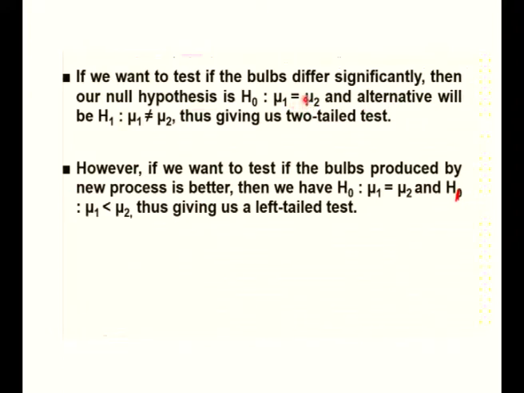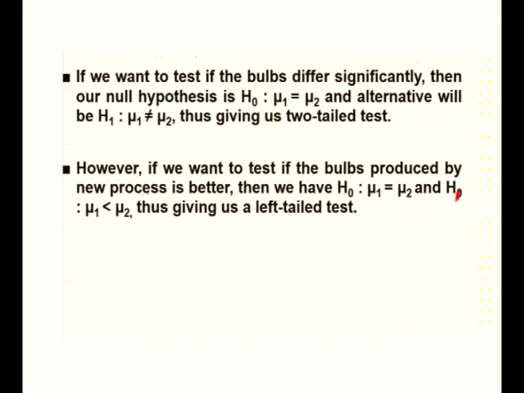There is no difference between the standard process and new process. This is what is H0. What is the alternative hypothesis will be H1 such that mu1 not equal to mu2, thus giving us a two-tailed test. Actually, we are discussing an example for two-tailed and one-tailed test. However, if we want to test if the bulbs produced by the new process is better, then we have H0: mu1 is equal to mu2, H1 will be mu1 is less than mu2, that is mu1 is standard process, mu2 is new process.